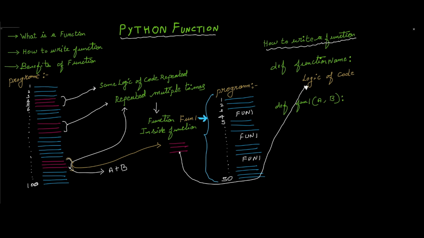To understand better, I'm creating a function starting with def fun1, and here I'm taking two parameters, a and b. I'm checking if a is greater than b, then print a is greater. Else if a is lesser than b, then print b is greater.